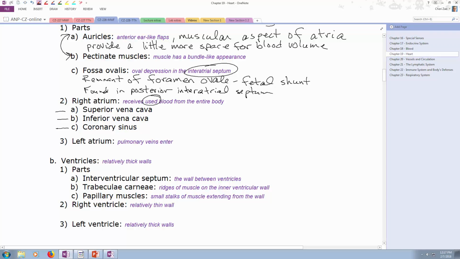The superior vena cava brings used blood from areas above the heart, the inferior vena cava brings used blood from areas below the heart, and the coronary sinus brings used blood from the heart muscle itself.